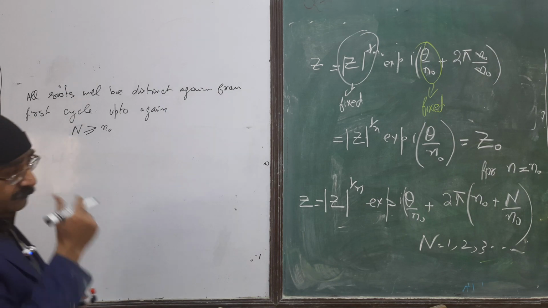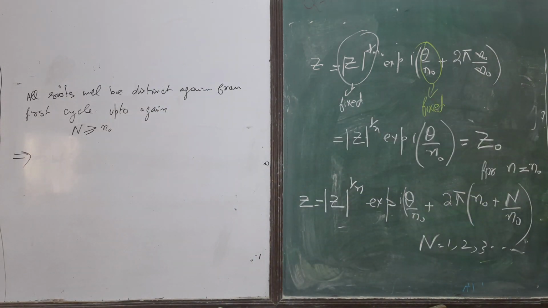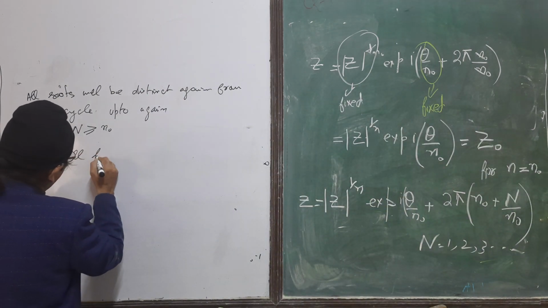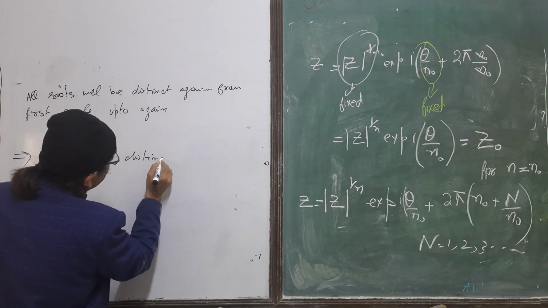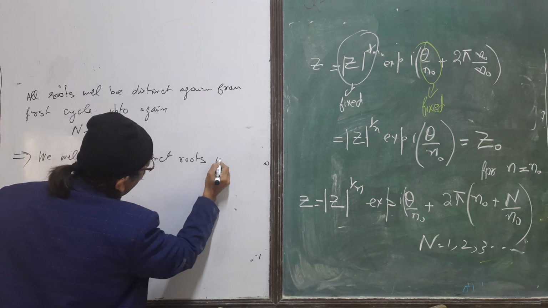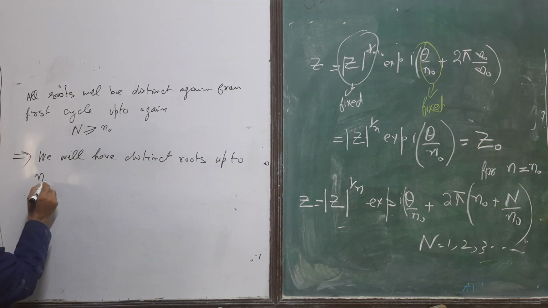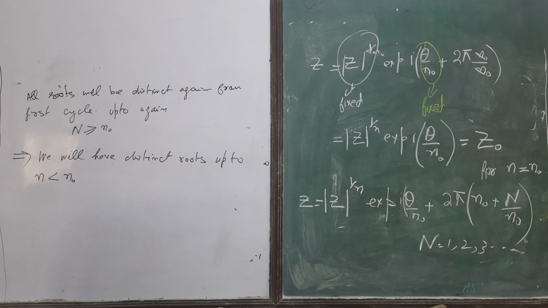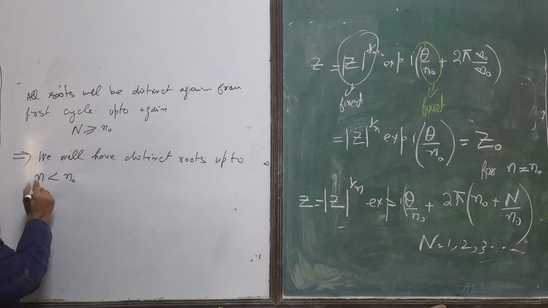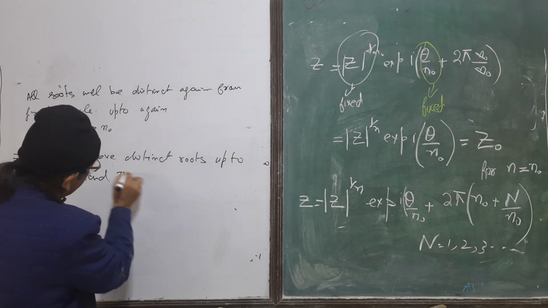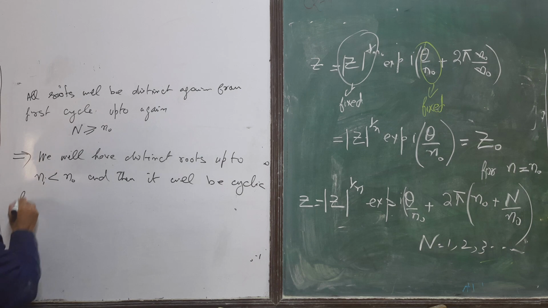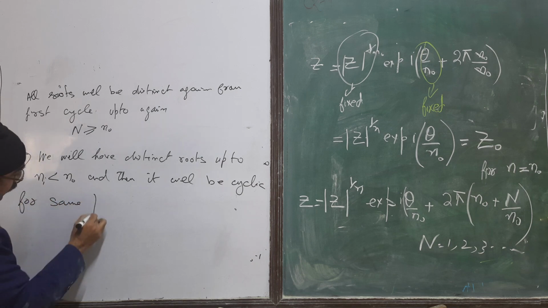So this implies that we will have distinct roots up to ni less than n naught, and then it will be cyclic for the same periods.